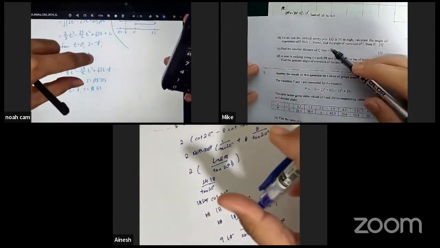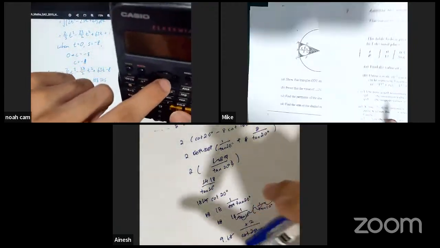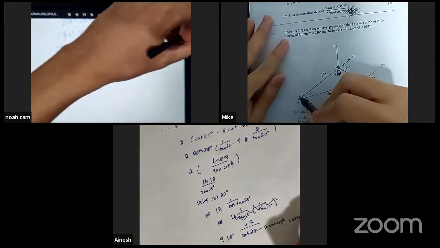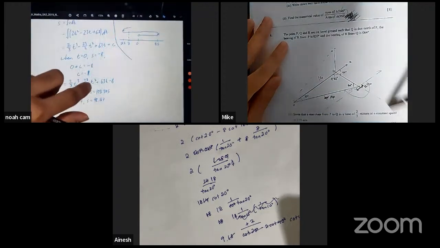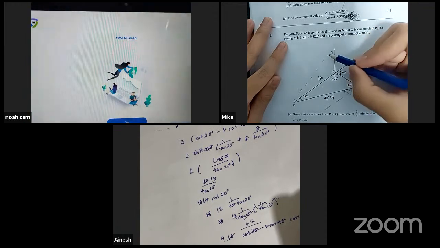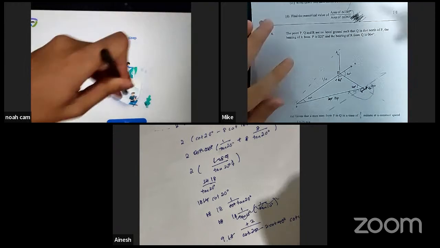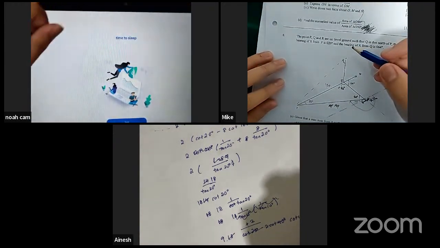It says, angle of depression of P from L. So I assume that by drawing like this, it would be... What's the 90-degree triangle? There you go. Good. Then this will be the angle of depression, of P from L. From L, yeah. That is the wrong angle of depression. Again, same problem.